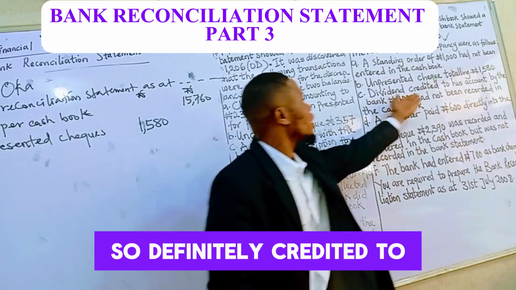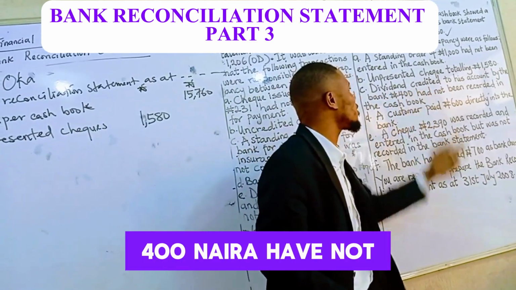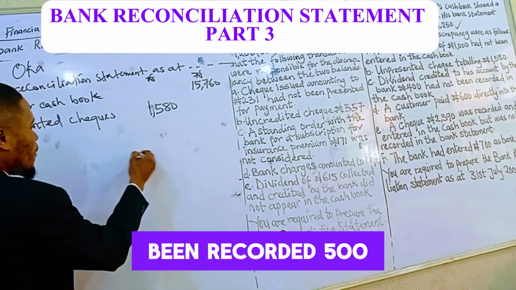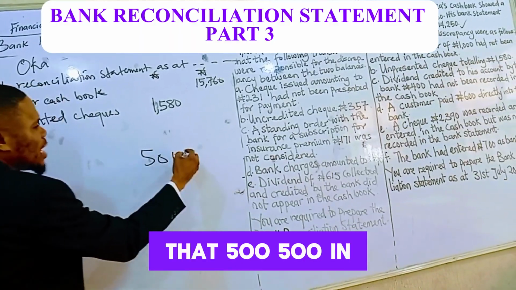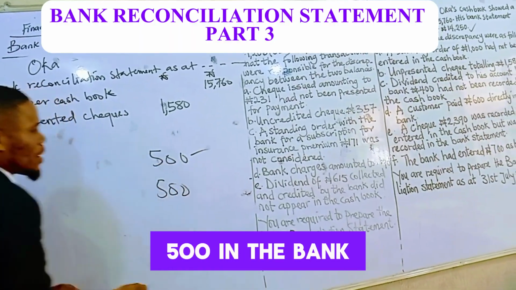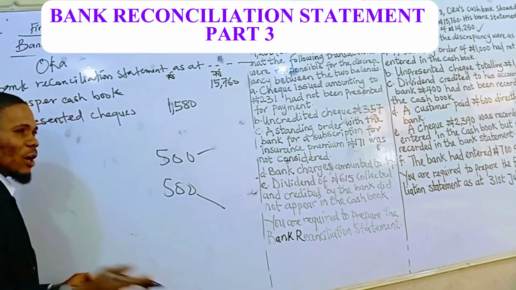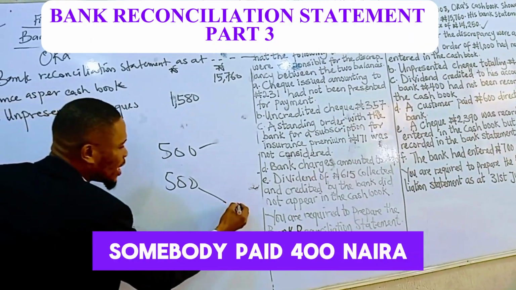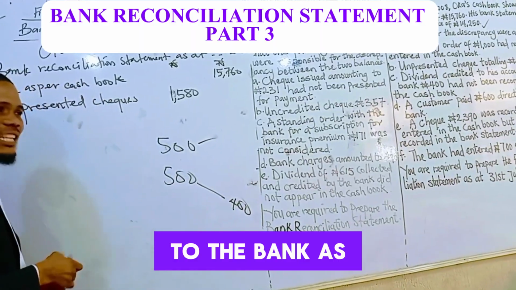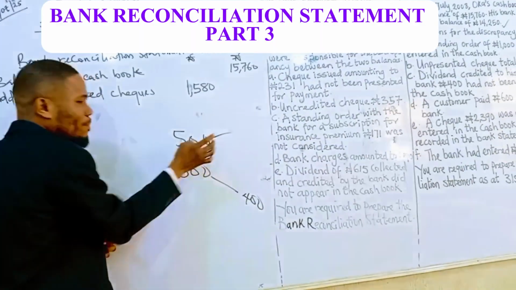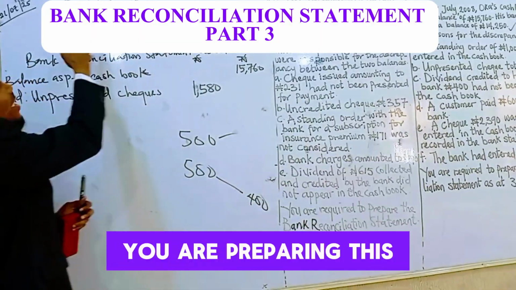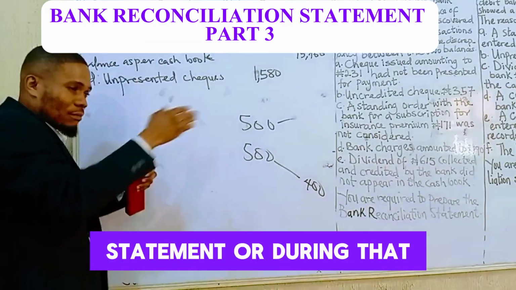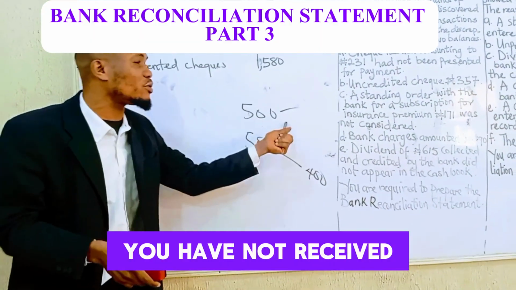So, dividend credited to his account by the bank, 400 naira, and not recorded. Let's say 500 naira in the cash book, 500 naira in the bank. Now somebody paid 400 naira directly to the bank as dividend for you. But probably at the time you are preparing this bank reconciliation statement, or during that month, you have not received an alert.